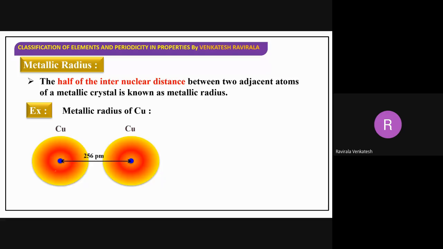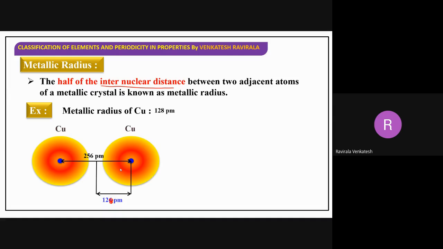This is the internuclear distance. How much is it? 256 picometer. Now take half of the distance here. Half of 256 is 128 picometer. So the same thing again, but the difference is that the diagrams are different.